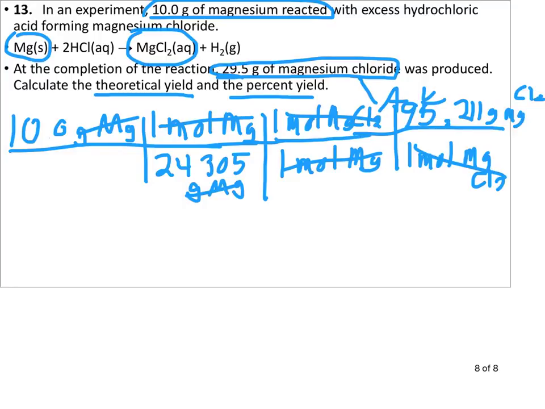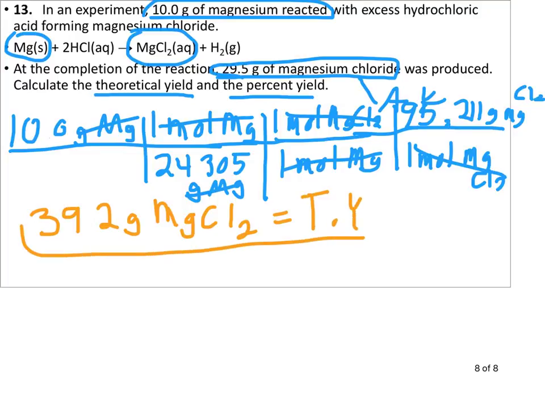A little bit of calculations here, and we end up with 39.2 grams of MgCl2, and that is our theoretical yield. If everything went perfect in this reaction, that's how much we'd have come up with.